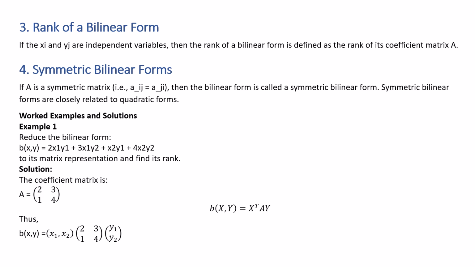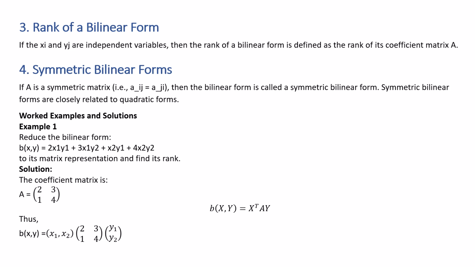So we want to solve some examples for better understanding of the topic. Example 1. Reduce the bilinear form b of x comma y equals 2x1 y1 plus 3x1 y2 plus x2 y1 plus 4x2 y2 to its matrix representation and find its rank.